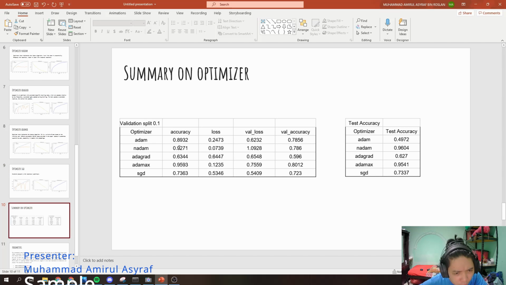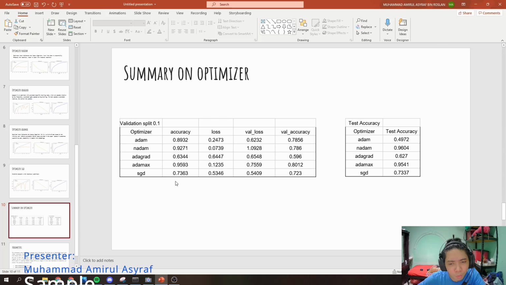You can see the accuracy and val accuracy don't have a very large difference. If it is a very large difference, it will be overfit, and if it is too close to each other, it will be underfit. So for each optimizer, we can see that it is okay.